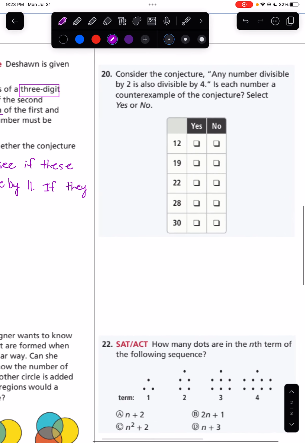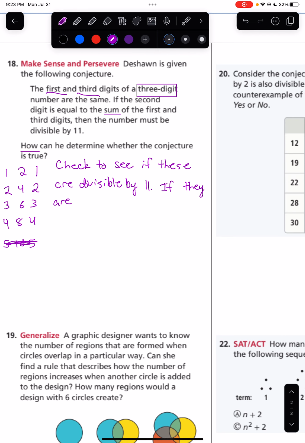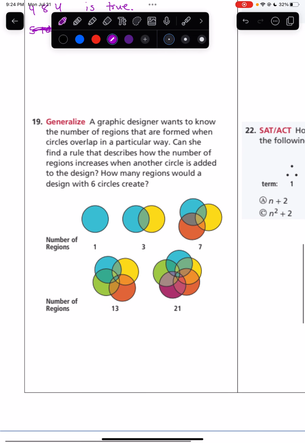If they are, then the conjecture is true.